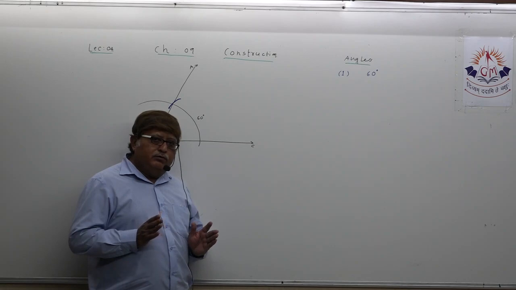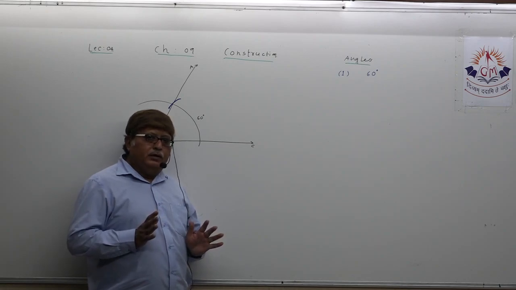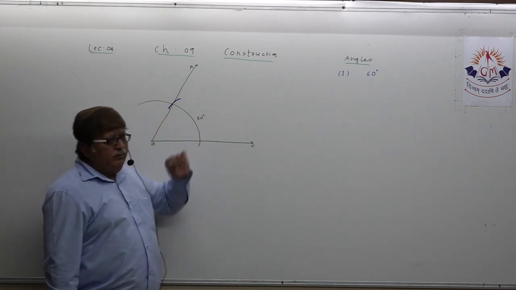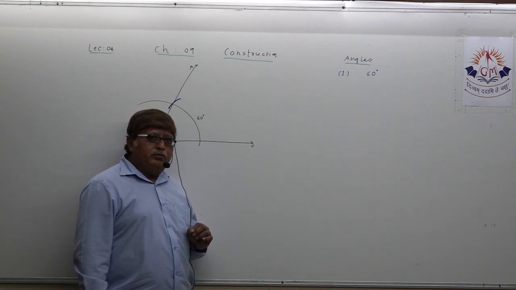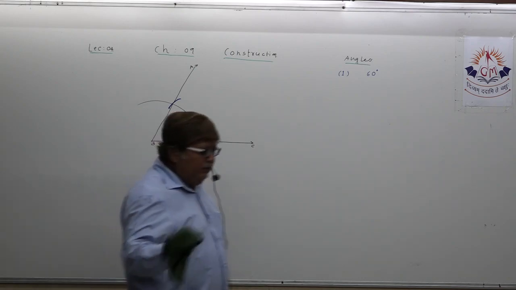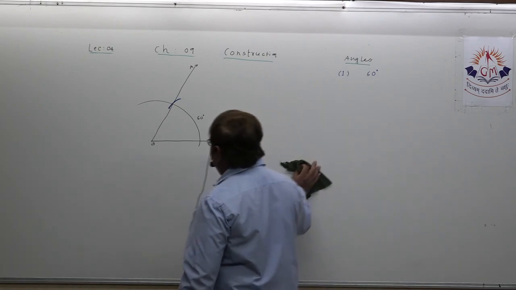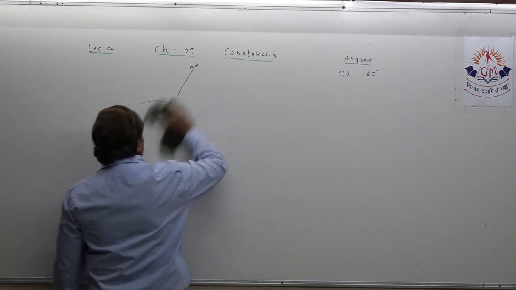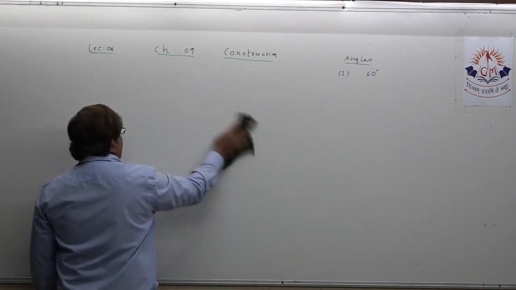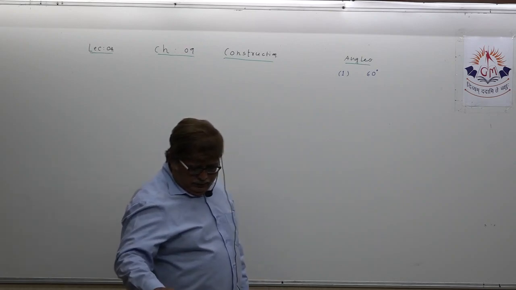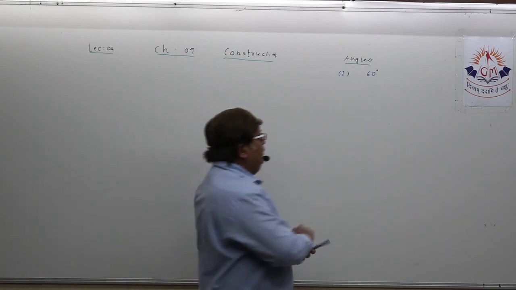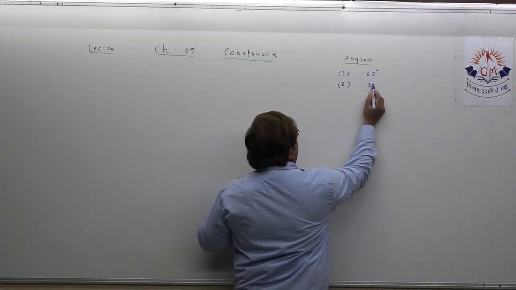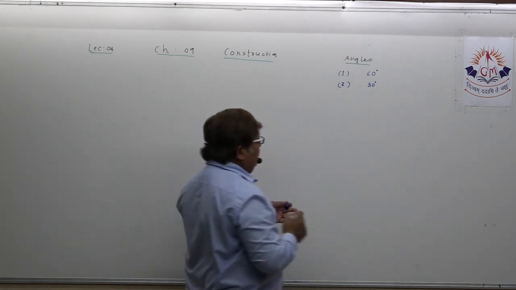How to construct an angle bisector, we will discuss when we are discussing the angle of 30 degrees. That is our second target. First we constructed the angle of 60 degrees. Now let us target the angle of 30 degrees, which is half of 60 degrees.